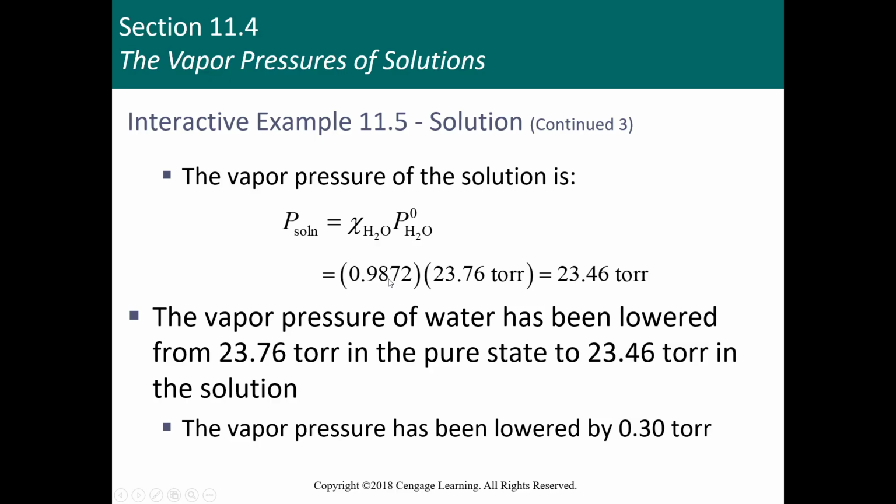You will notice that you do not have any units for chi. It's a unitless number because the moles actually cancel out. And that means you have a vapor pressure of 23.76 torr in the pure state to 23.46 torr in the solution. And so that vapor pressure has lowered by 0.3 torr.